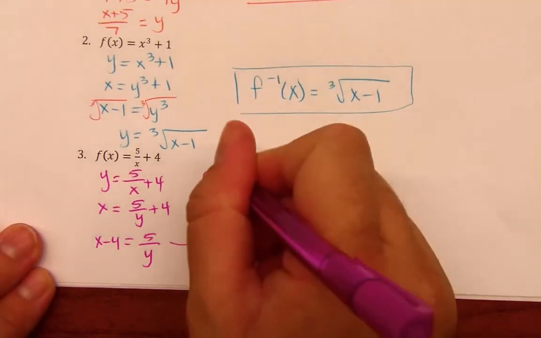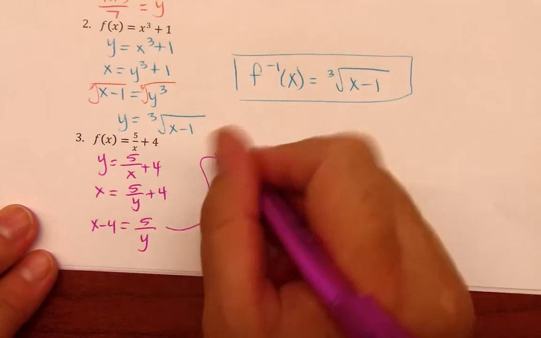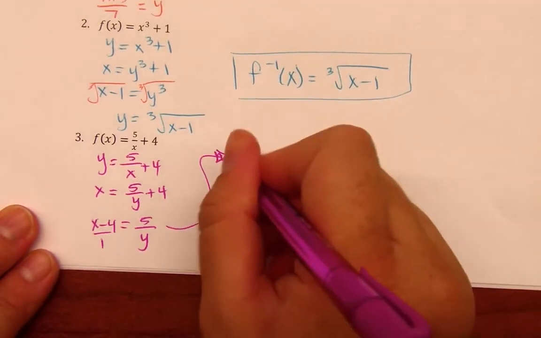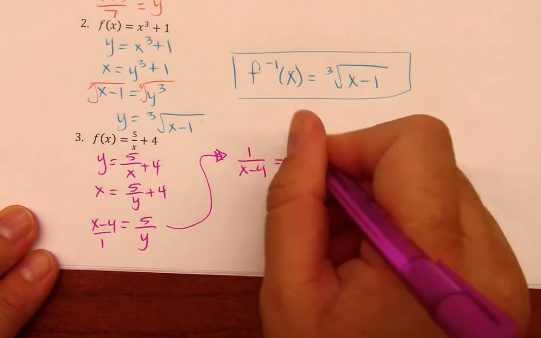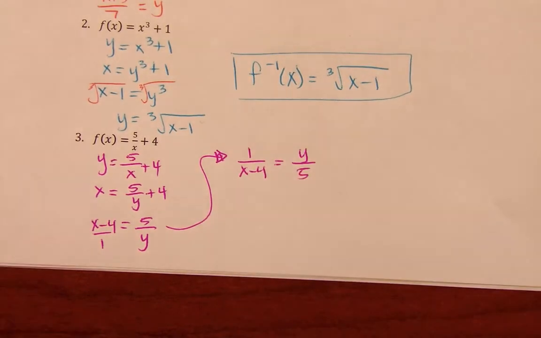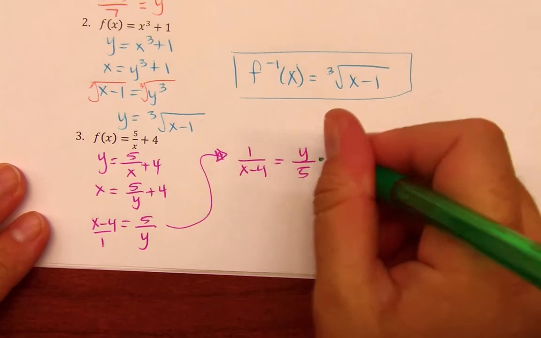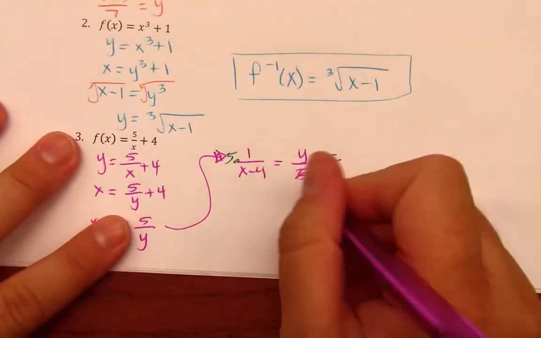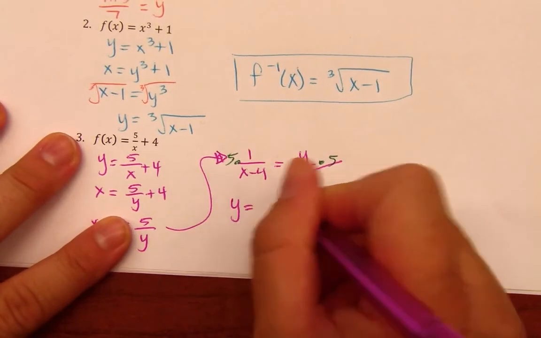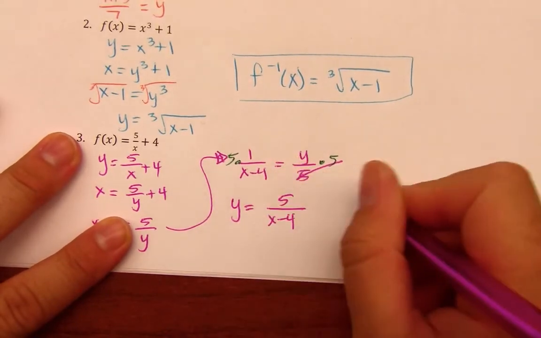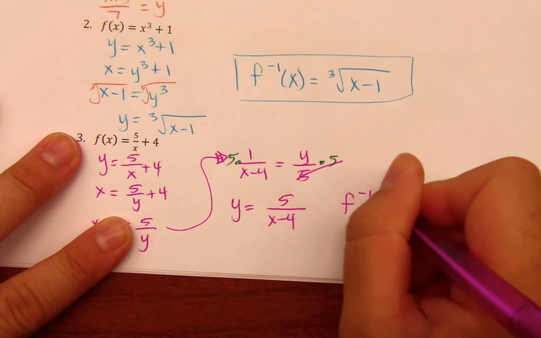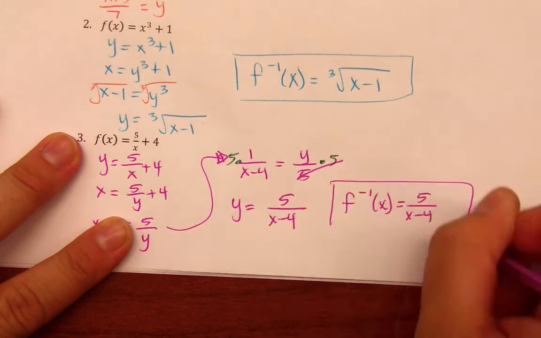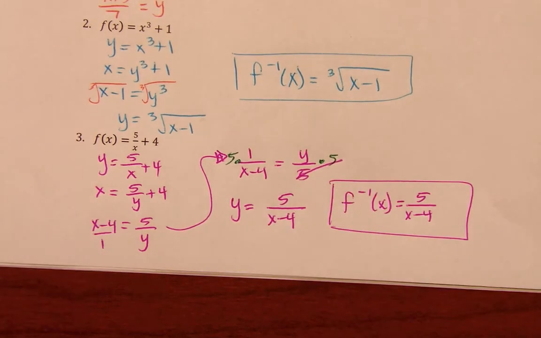So just to give myself some more space here, now I would have, this is over 1, so 1 over x minus 4 equals y over 5. And getting rid of that 5, I can multiply by 5 on both sides. And y is equal to 5 over x minus 4. So inverse f of x is equal to 5 over x minus 4. And there we go. That's our inverse.